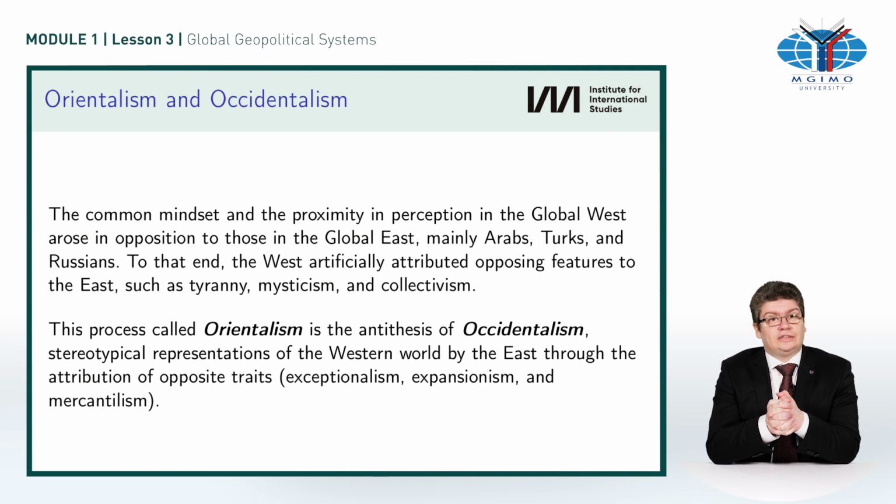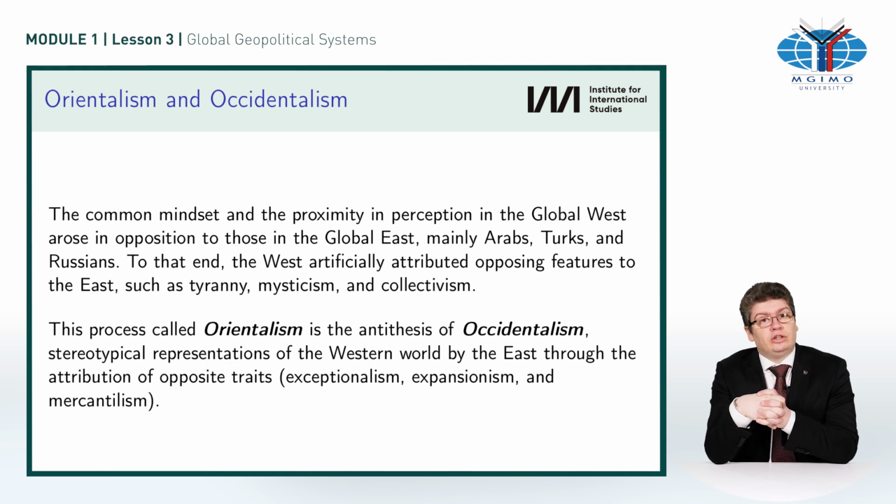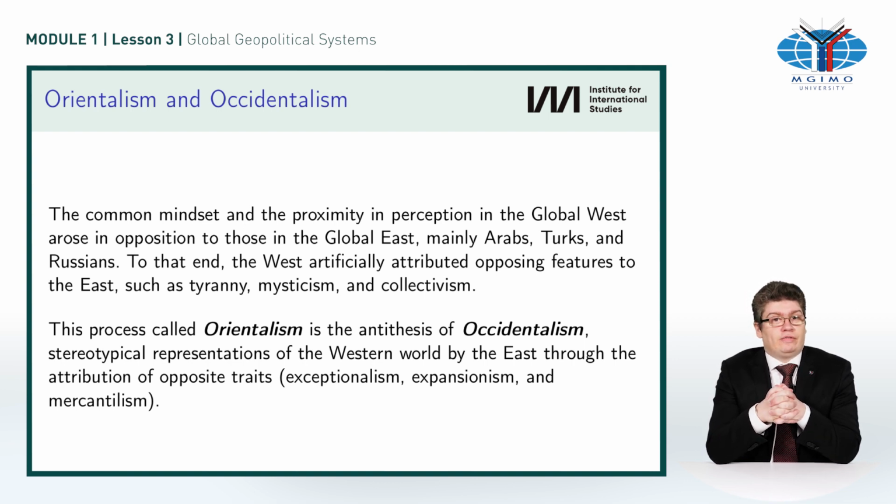The common mindset and the proximity in perception in the global West, Europe, America, Australia, arose in opposition to those in the global East, Asia and Africa, mainly Arabs, Turks and Russians. To that end, the West artificially attributed opposing features to the East, such as tyranny, mysticism, and collectivism.